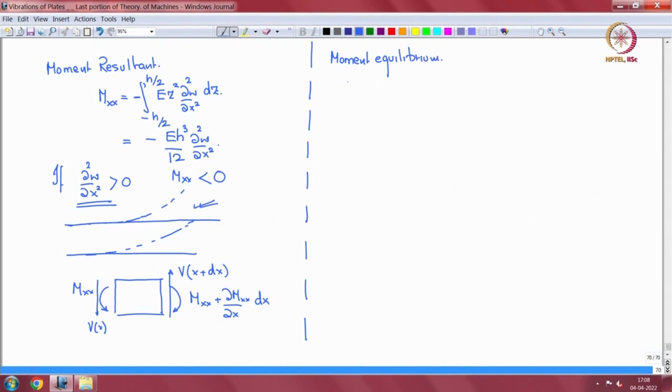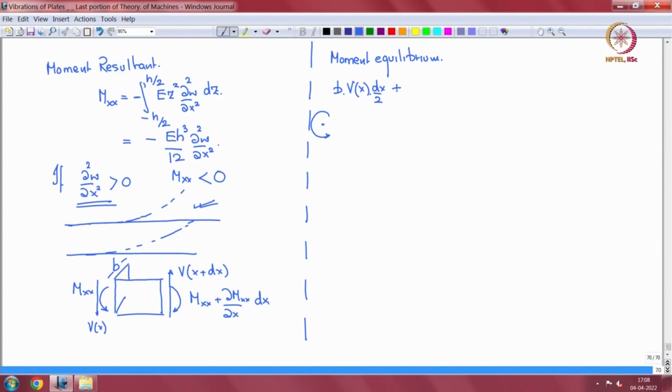We get V of x dx by 2, let us say this is positive, into the width b. The width into the plane is b.